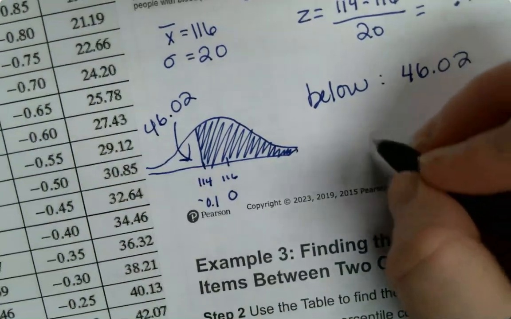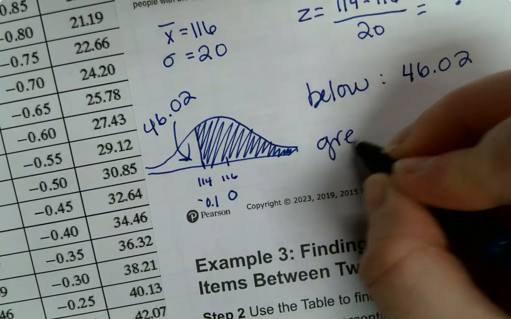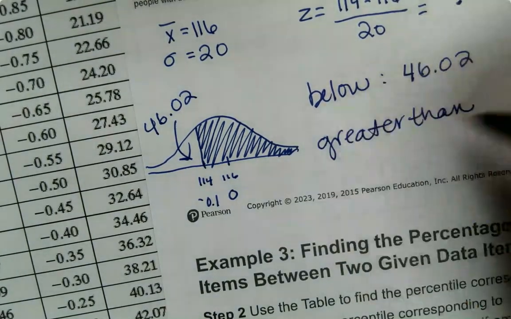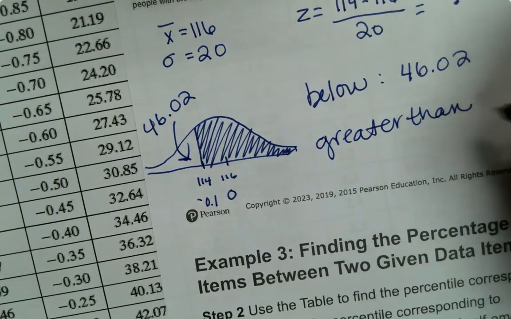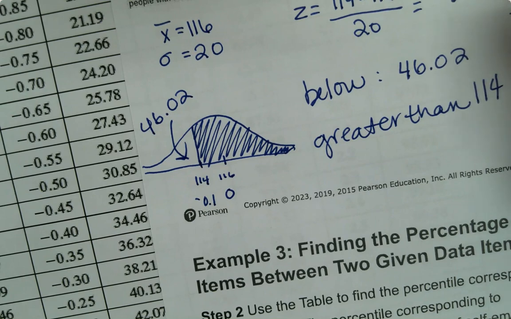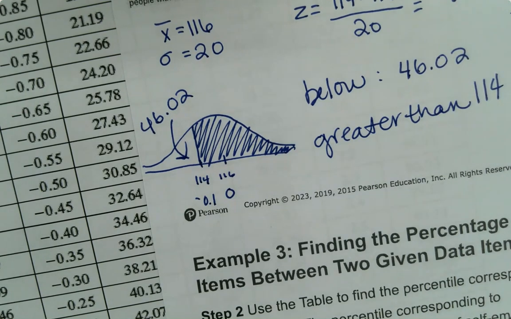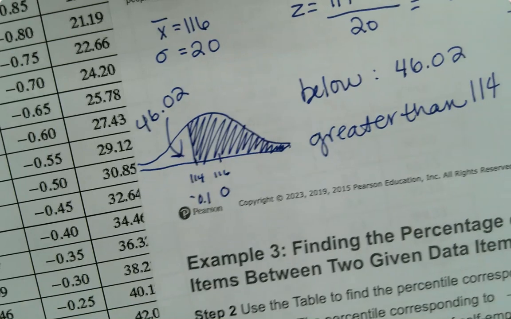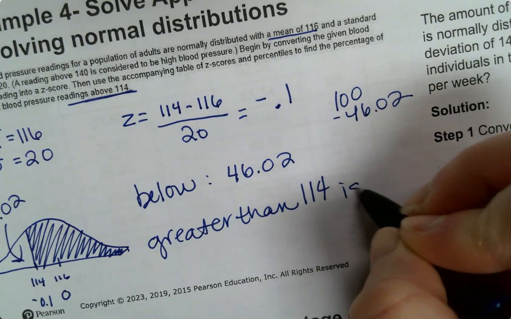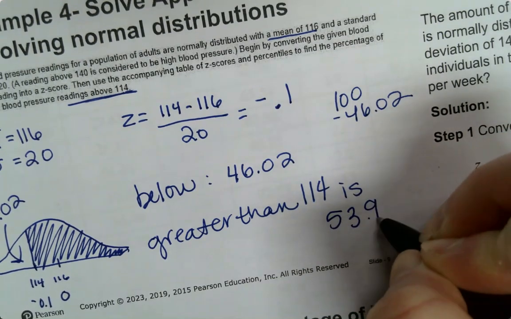In order to find above, or greater than 114, we would do 100 minus 46.02, which is 53.98%.